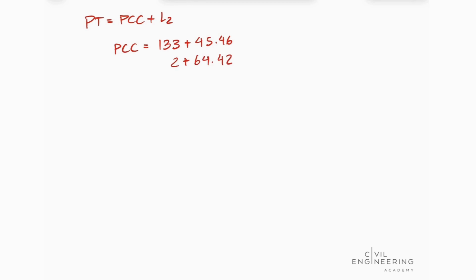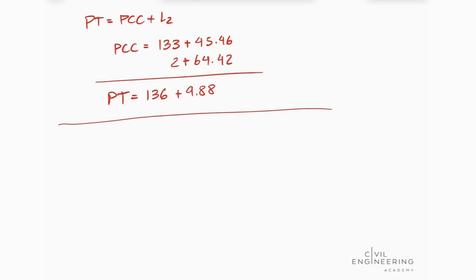And finally, we can estimate our PT. Our PT will be equal to our PCC plus our L2. We found our PCC value, 133 plus 45.46, and we're going to add our L2. So L2 is 2 plus 64.42. Finally, we get the value for the PT, which is 136 plus 9.88.